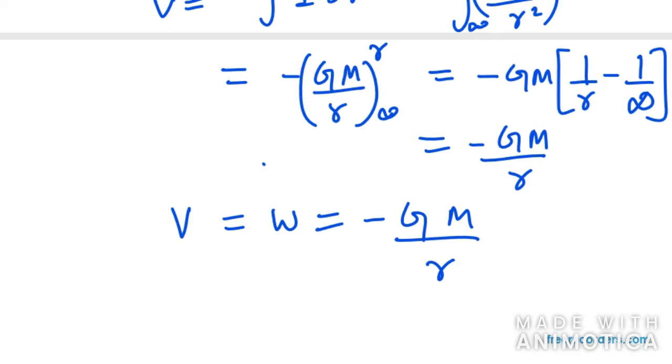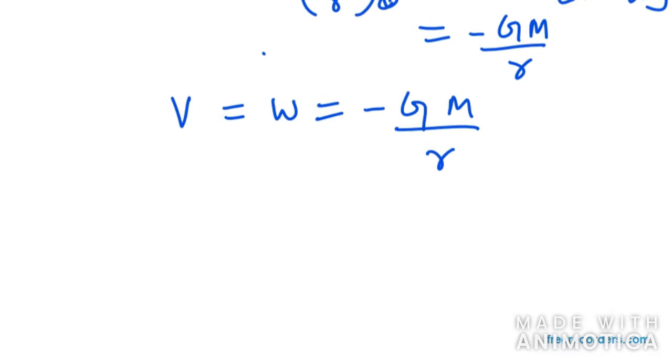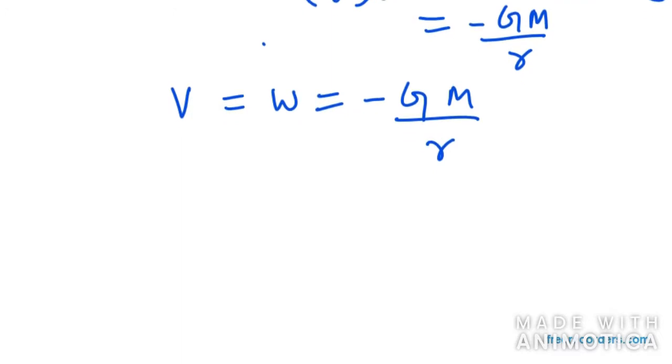So let us consider some special cases here. If I say that r is equal to 0, that means V is equal to minus infinity. And if I say that r is at infinity, then Vp will be 0. Hence gravitational potential is maximum, that is 0, at infinity.